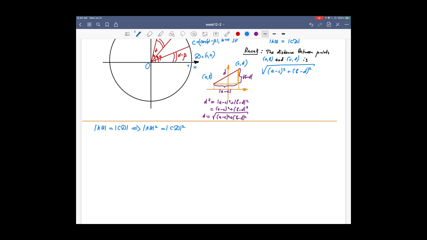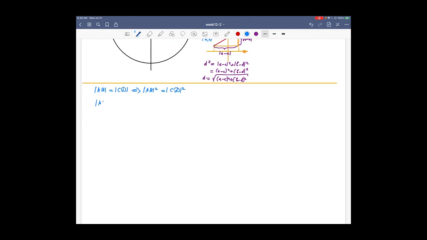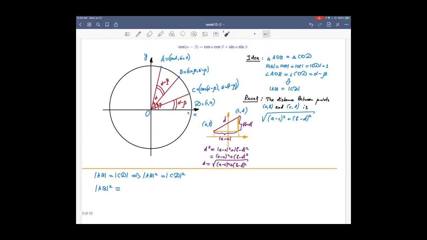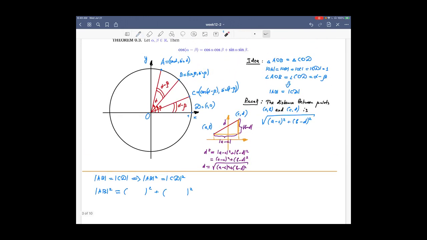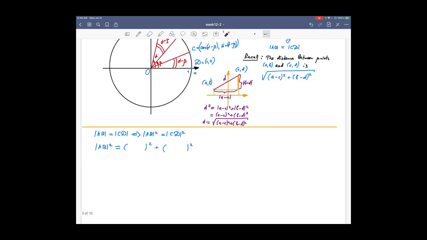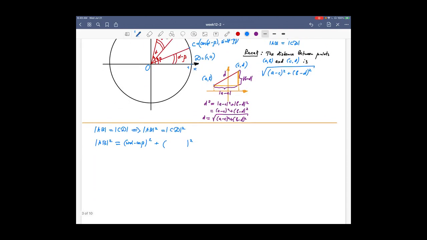AB squared, for example, is the sum of squares of differences of coordinates. X coordinates, so it's cosine beta minus cosine alpha, or cosine alpha minus cosine beta, which is the same. And the same with the Y coordinates, sine alpha minus sine beta.